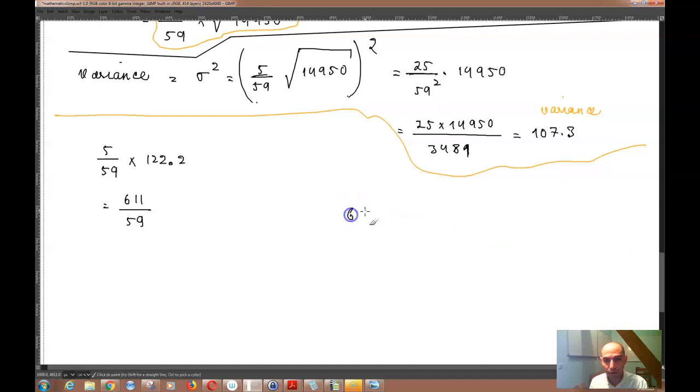611 divided by 59. 1 times 59 is equal to 59, 21, and 21. 59 times 3 is equal to something around 177.